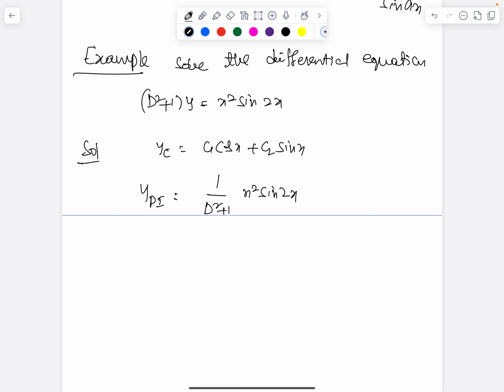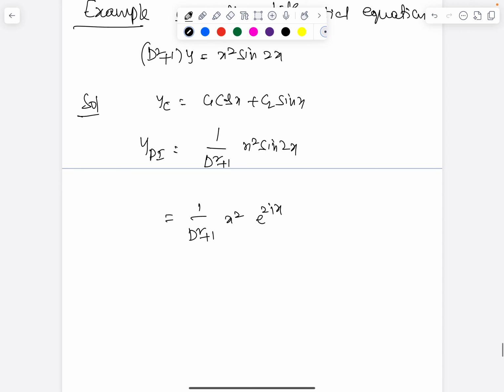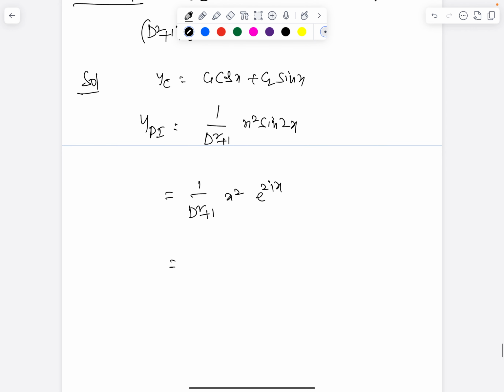In this case, you have to convert sin 2x into e power 2ix, and we have to consider the complex, that is, the imaginary part. So if this is the case, you replace D by D plus 2i on x square.